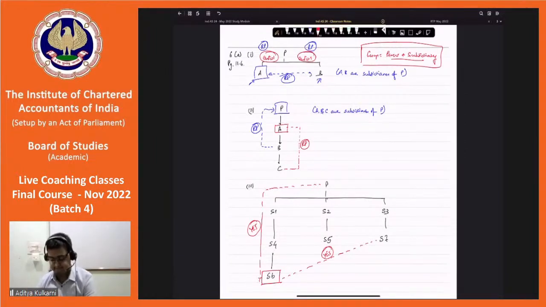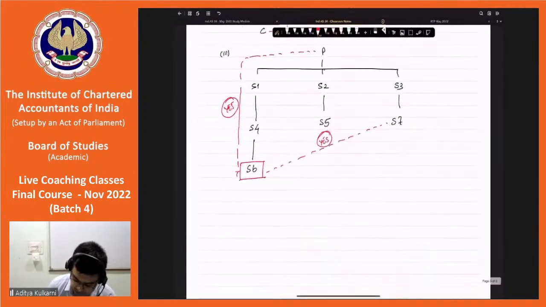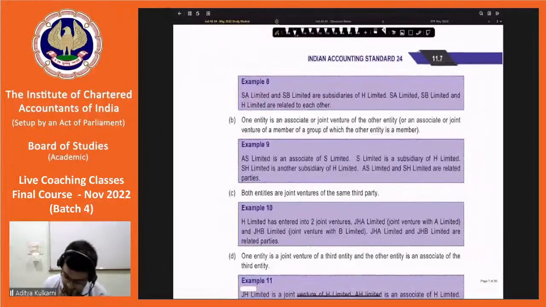All right. Then we move on to 6B, page 11.7.